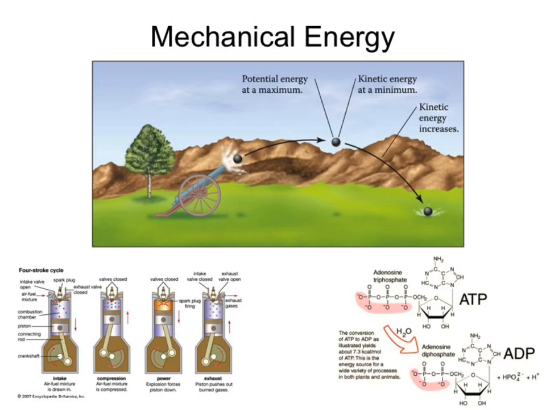The last one, all of us are doing, even as you're sitting there staring at me, ATP to ADP. Biologists? No biologists? When you get into biology, did you hear about ATP and ADP? Yeah, what is ATP? It's energy.